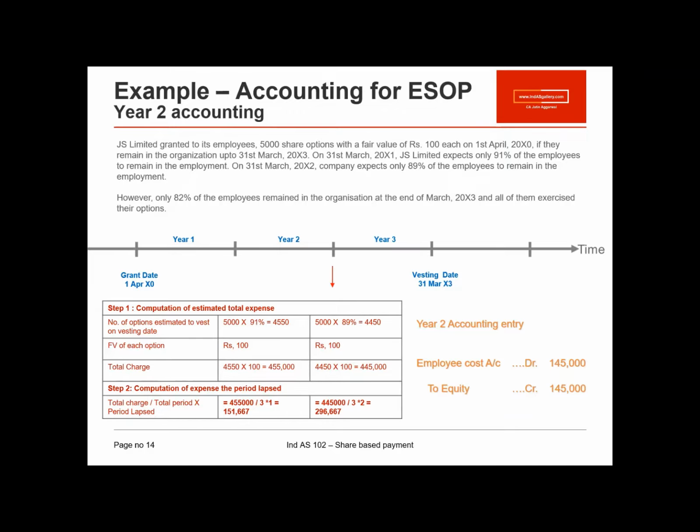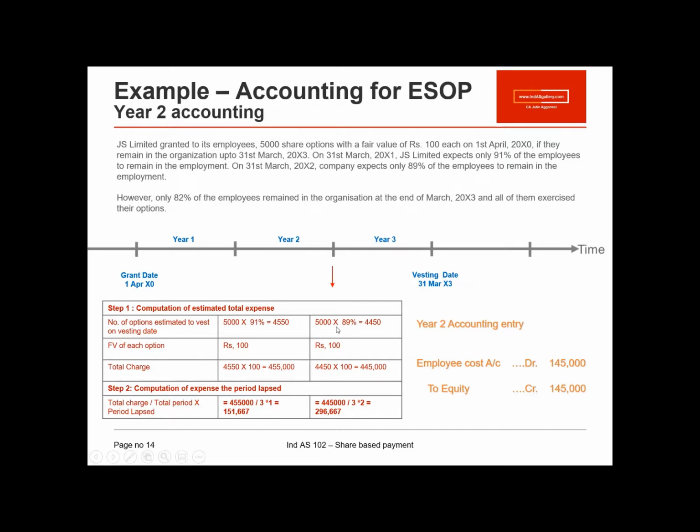At the end of year 2, again, I will make an estimation of what is going to be the total expense for this particular scheme. So I'll again have to make an estimation as on 31st of March of this year, of how many options will actually vest on this vesting date.